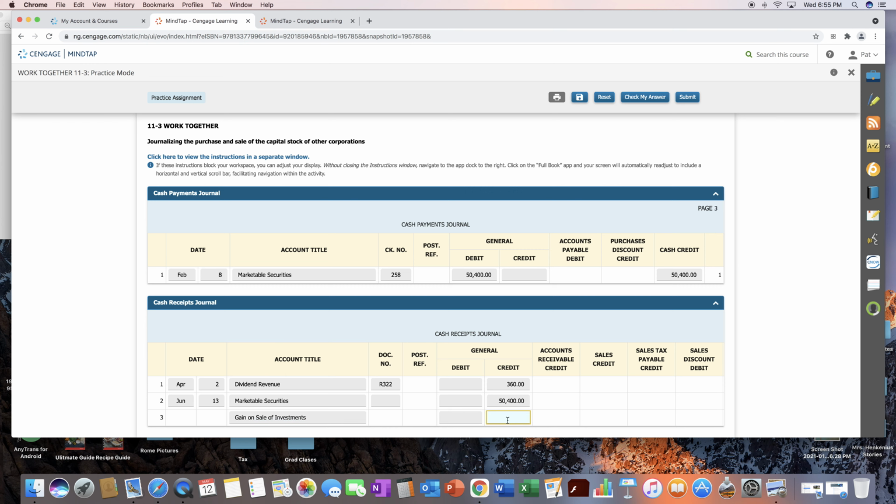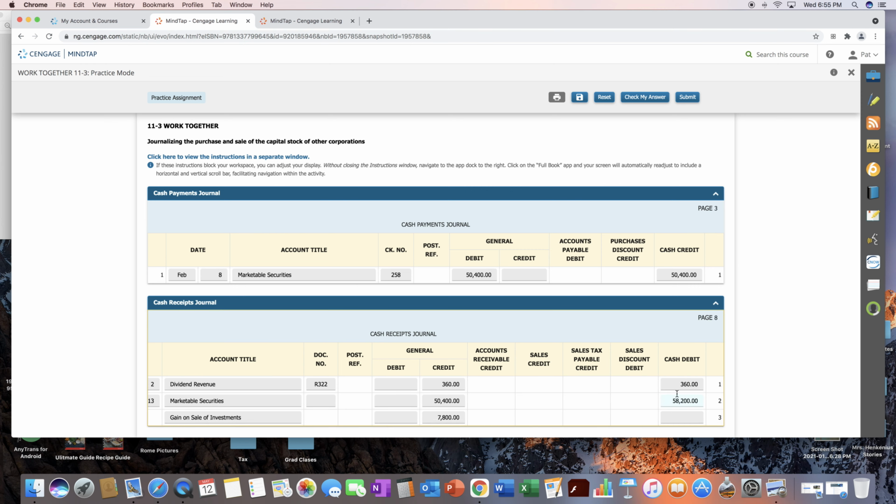And the gain is a credit of $7,800. Again, this is the difference between the money we made and our original investment. We subtract that, and that is a gain since it's positive. If it was negative, we would have a loss, and we would debit it. That is your three transactions, and that is the notes and work together for 11.3.